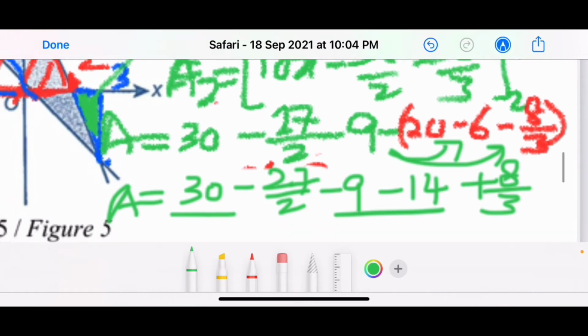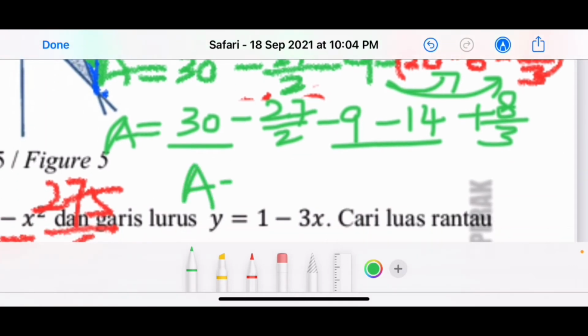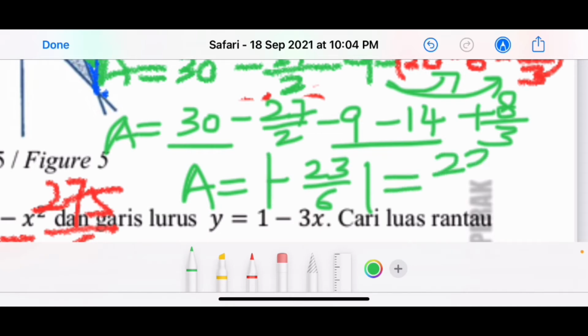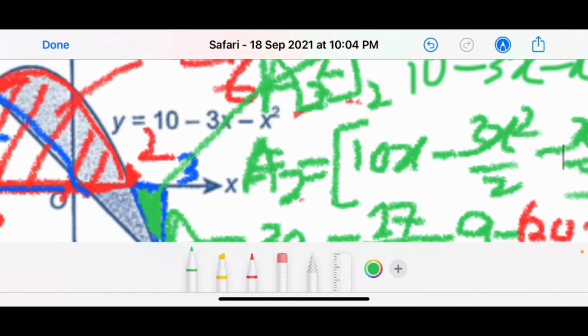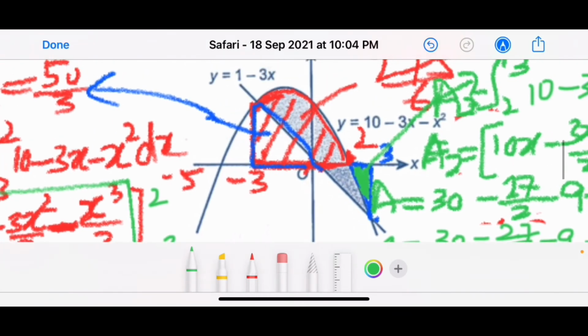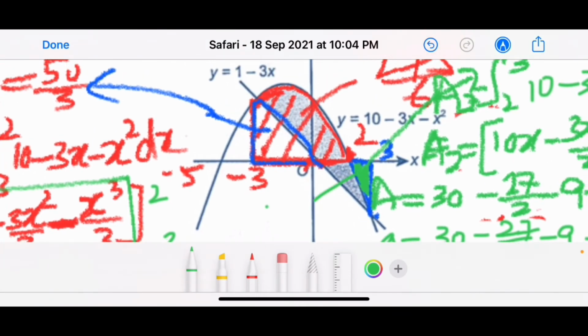The answer is negative 23 over 6. Where there is a negative area, we need to make it positive using the modulus. Alright, the area under the curve, the green one, is 23 over 6 in terms of the area. Area must be positive.